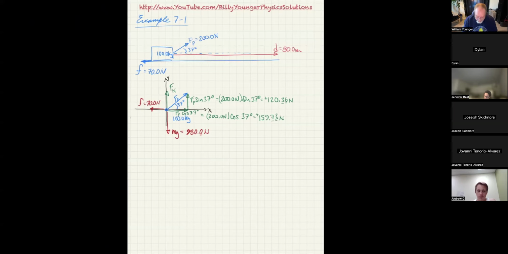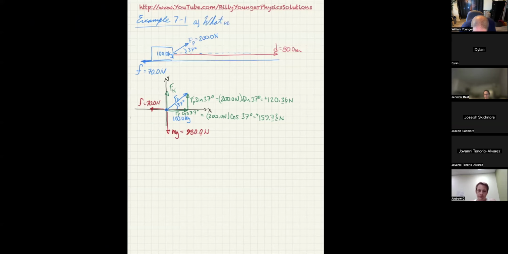Okay, so now we've got all our components, all our forces pointing in the different directions. To be honest with you, all that matters in this case is that the floor is rough and exerts a friction force of 70.0 newtons. They want me to determine A, the work done by each force.